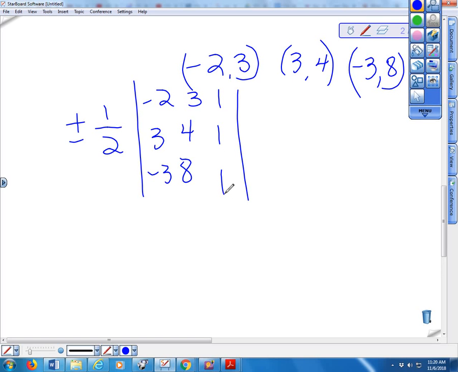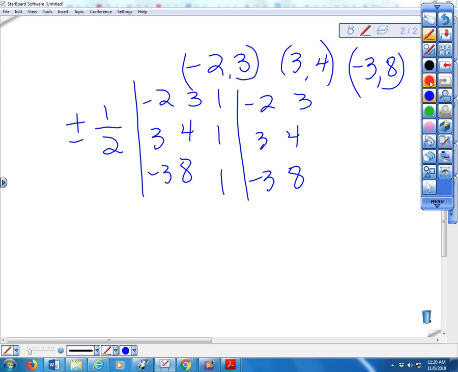Okay, this will be a good review from yesterday, how to do a determinant of a 3 by 3. Right? Rewrite those two columns. I'm going to take the diagonals. I'm going to start this direction. And what do I do with those diagonals? Multiply the diagonal, add it to the next product and the next.